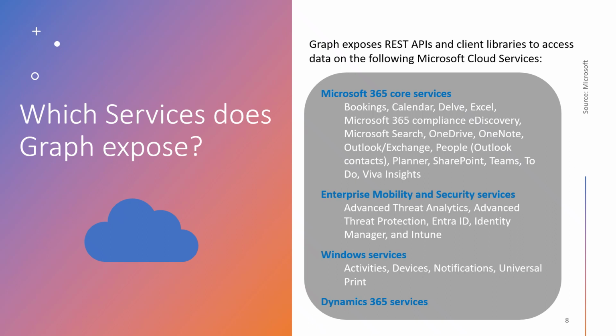It also exposes data from enterprise mobility and security services, which includes Entra ID and Intune. So querying through the Graph API helps Azure and Intune administrators to obtain or manipulate data that they would not otherwise be able to do via the portals.